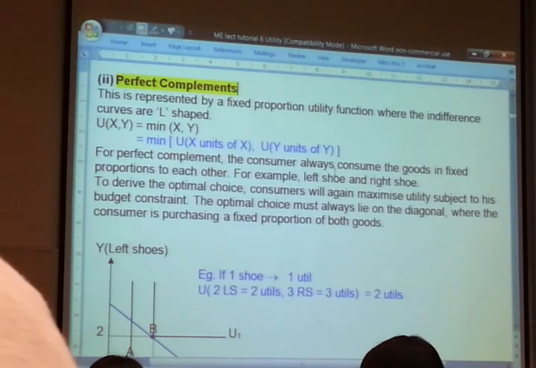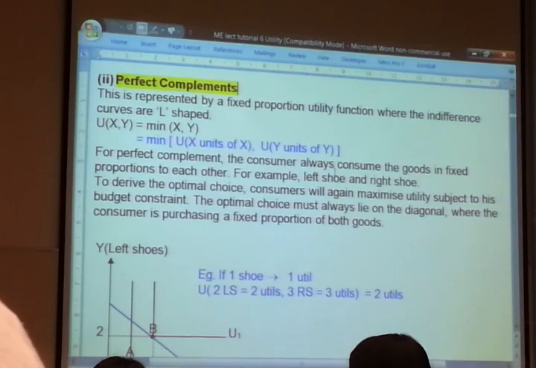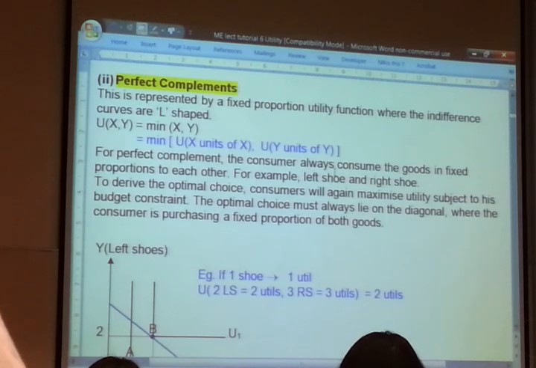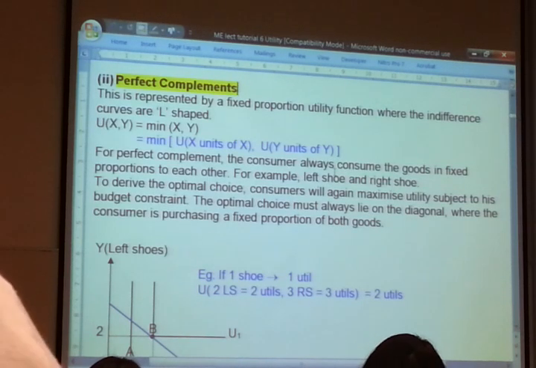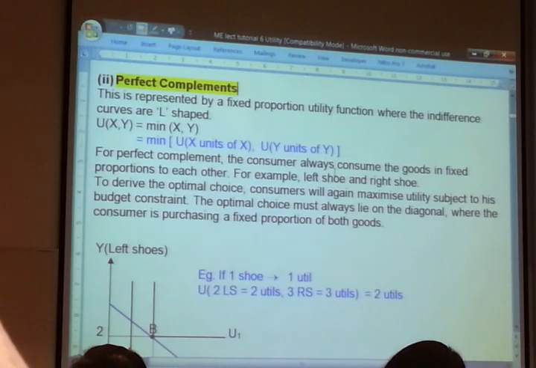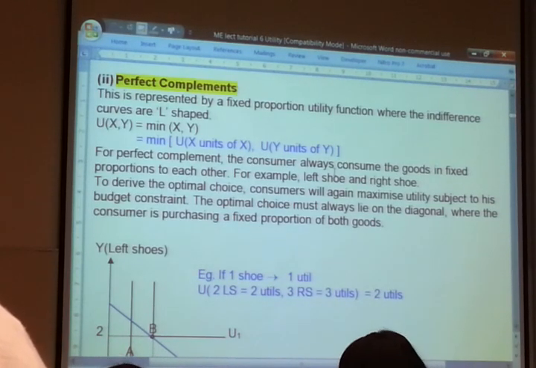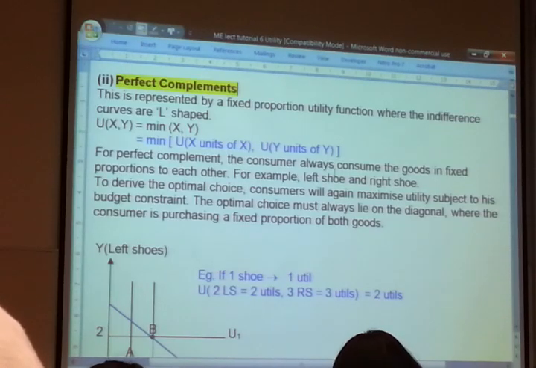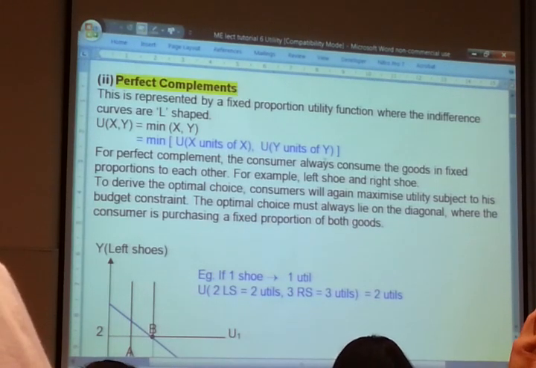Will you consider your other half a perfect substitute or complement? Perfect complement, both must be used together. Okay, so as long as the two things are used together, now, if they're complements, look at the utility function.